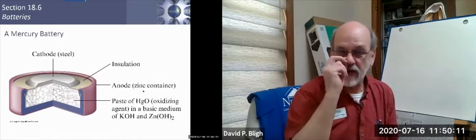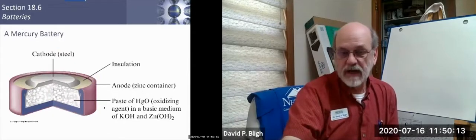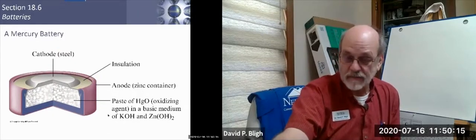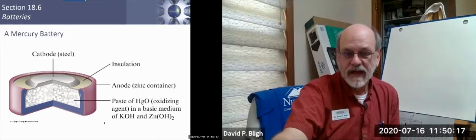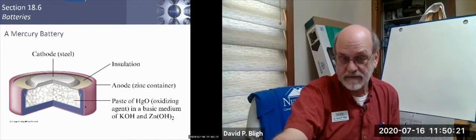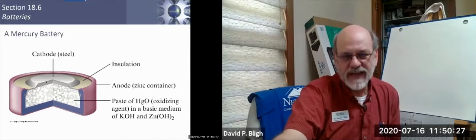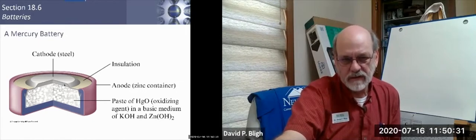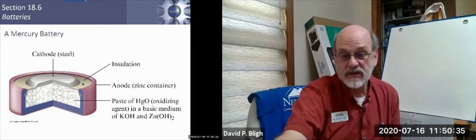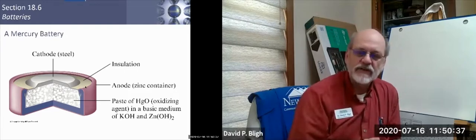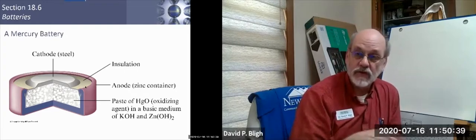All right, here's another type of cell. It's another dry cell, the mercury battery. The anode is, again, zinc. And the cathode is a steel casing. So my guess is that that's carbon. And it's insulated. You need insulation. You've got to keep the positive terminal away from the negative terminal or you get a short, right?